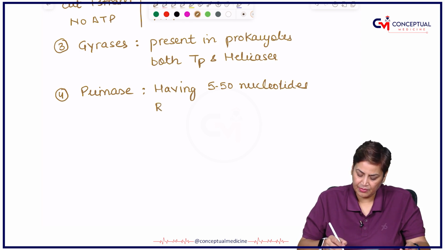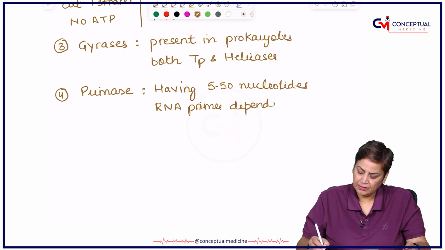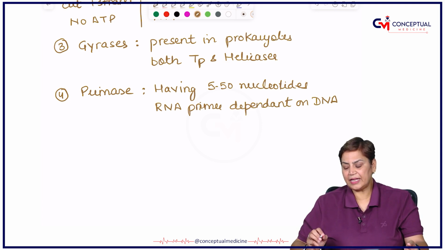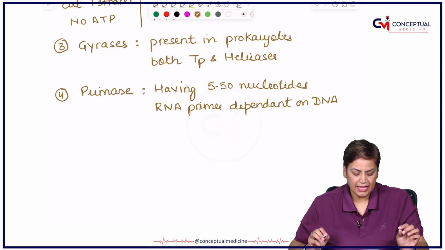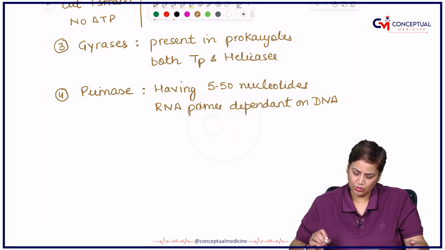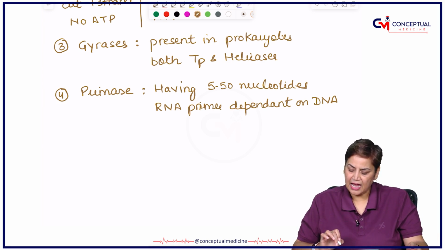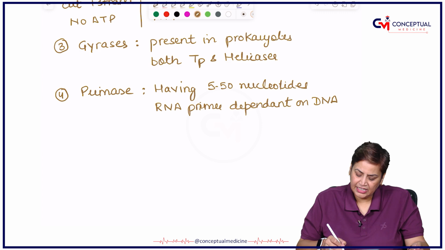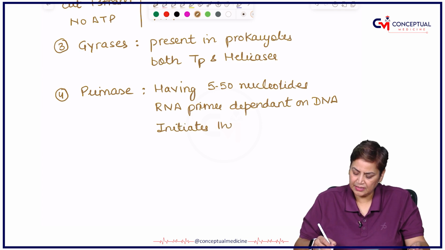So we can also call it DNA dependent RNA polymerase. And this primer will just initiate the function. Once the function is over, it is removed also. So I can say having 5 to 50 nucleotides, RNA primer dependent on DNA just initiates the process and then it is removed.